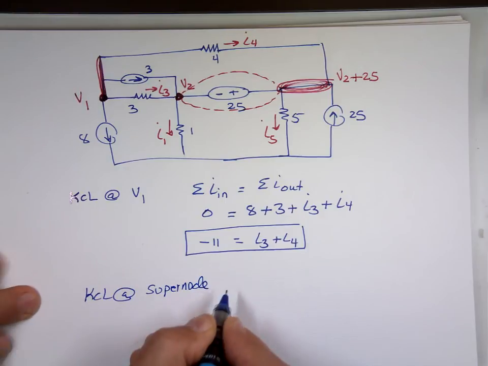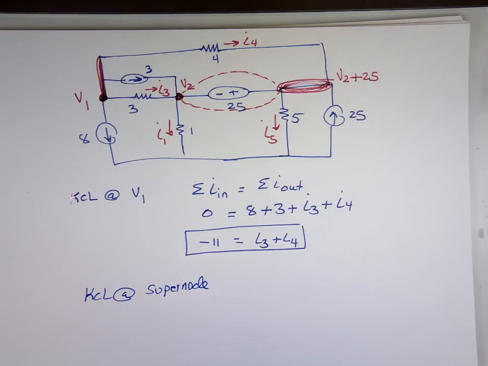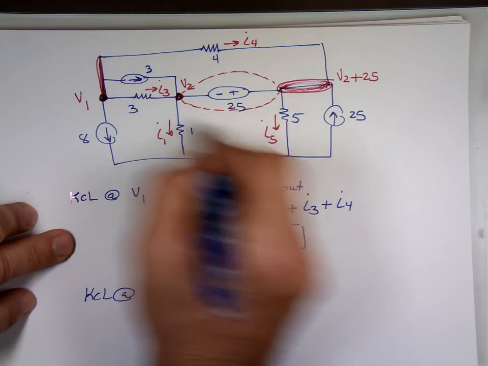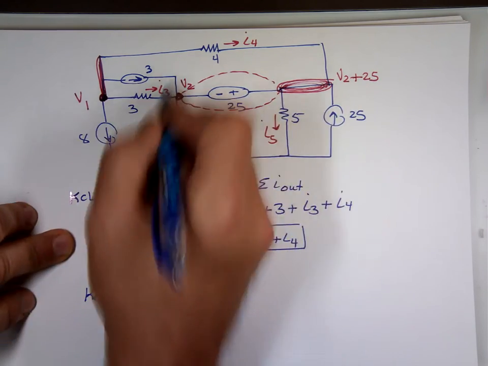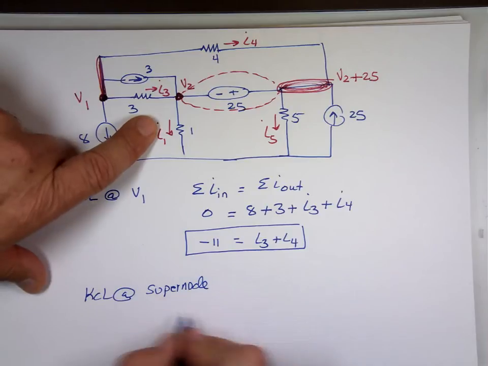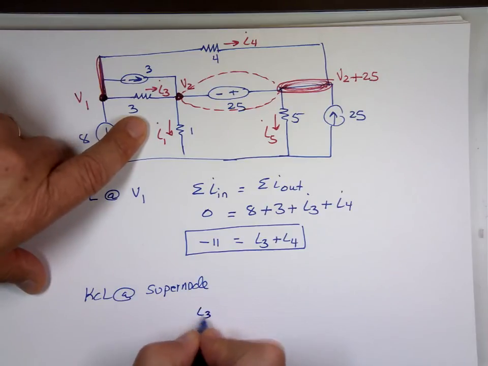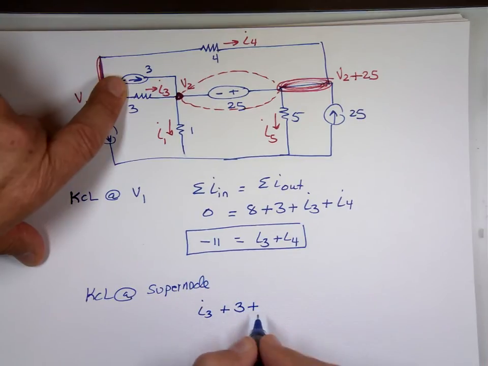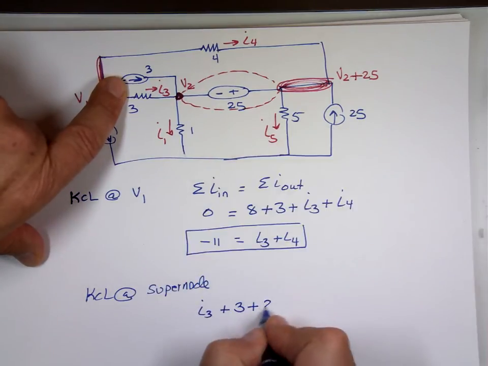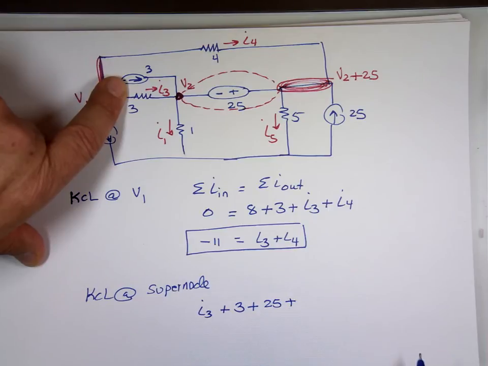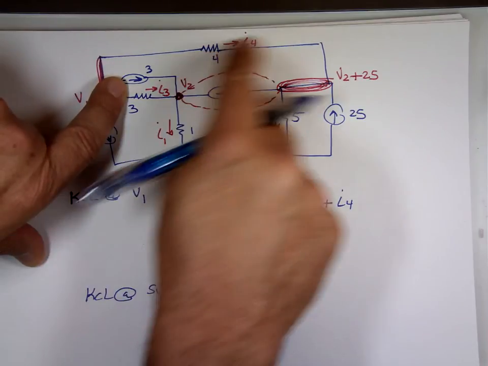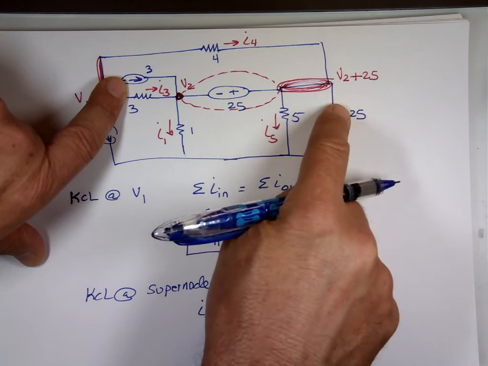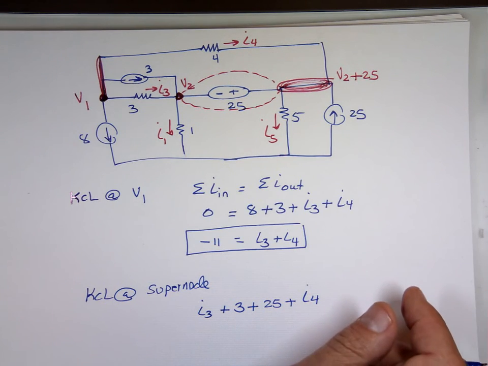KCL, the supernode. This, all of it's one node. What is going to it? I sub 3 plus 3 amps plus 25 plus I4 on the top going to it. Anything else? And what's leaving?